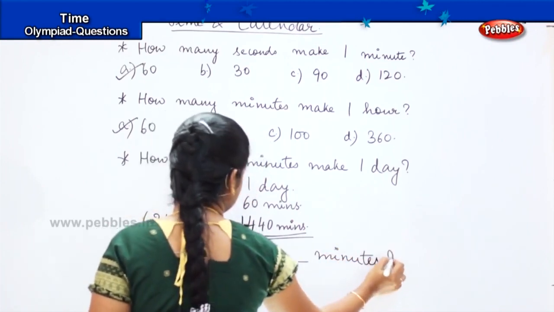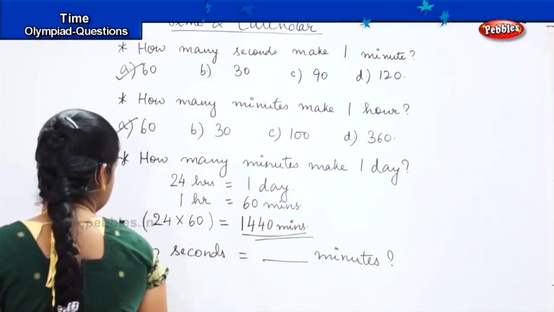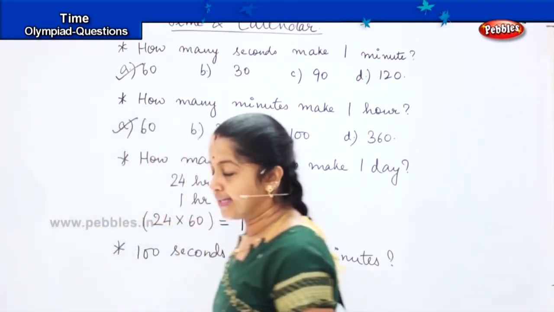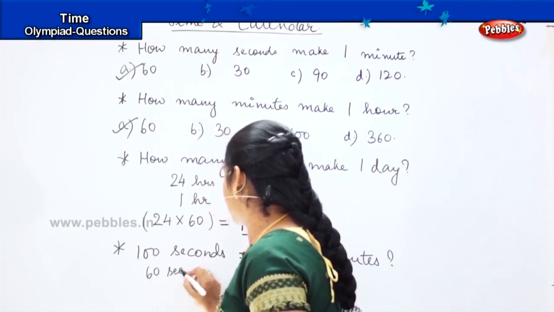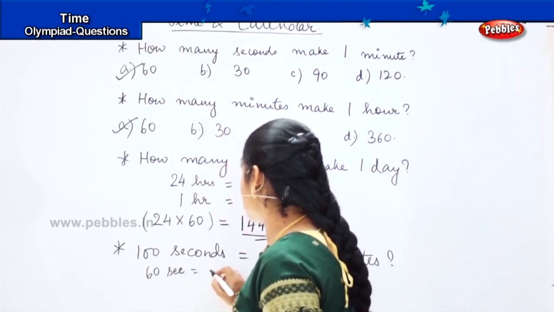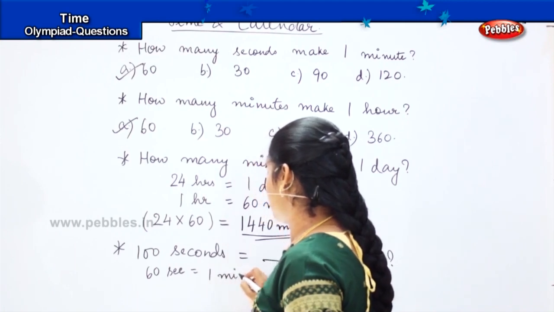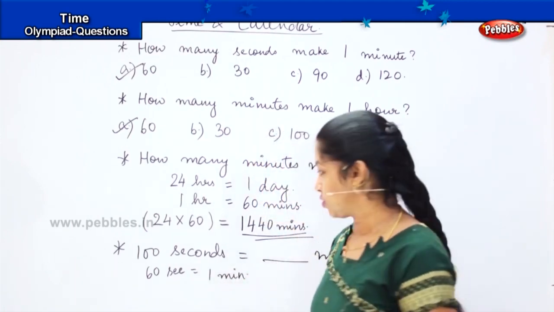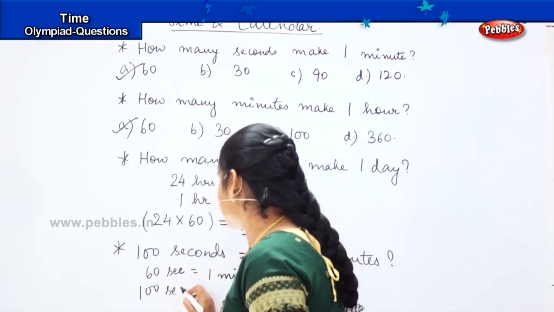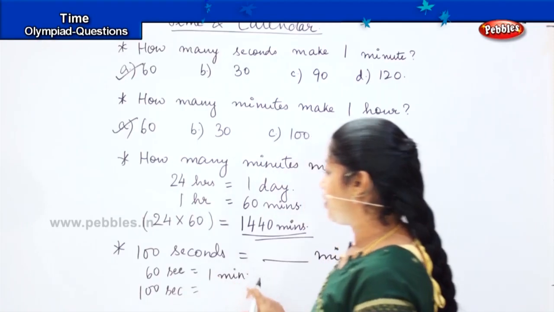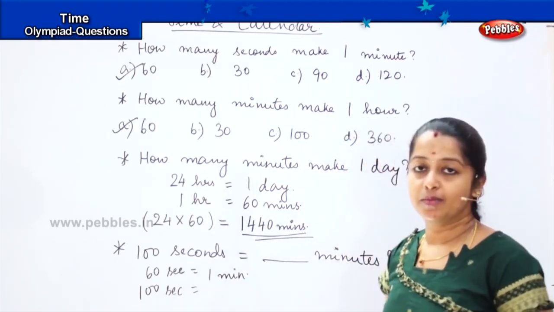Here you know that 60 seconds is equal to 1 minute. So now the question asked is 100 seconds, which means that you have to see how many seconds are more.